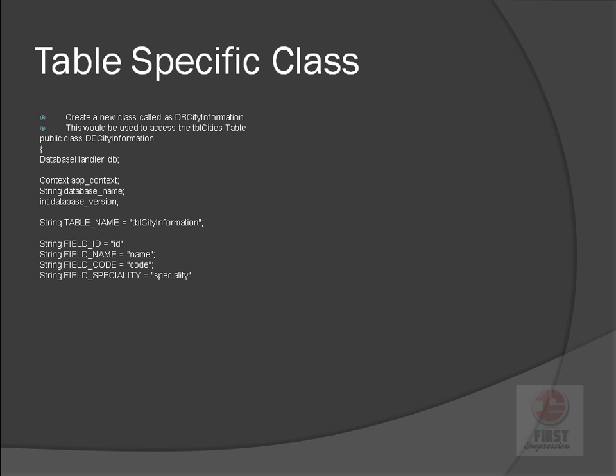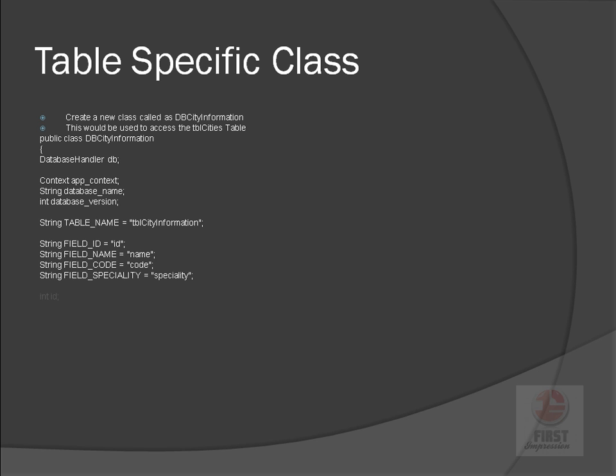So if we have to create an insert query, we'll say insert into table name, and in brackets field name, field code, field specialty, and then the values of those fields. That is why we have defined all the strings as constants over here. Then we will be using these strings inside our queries directly.